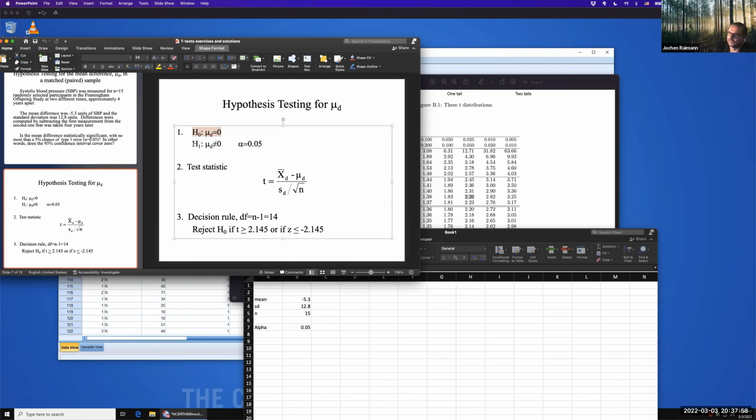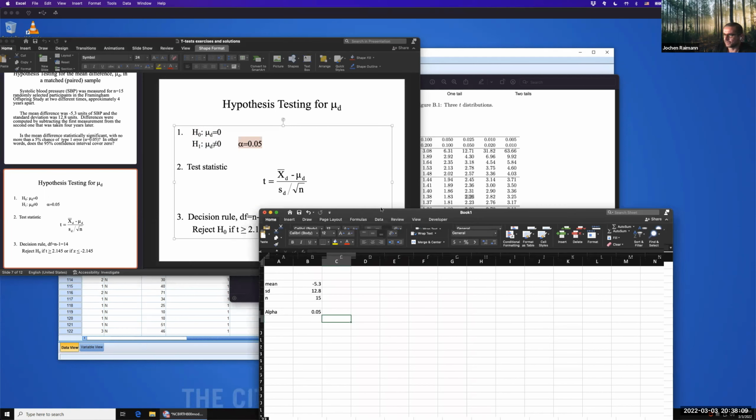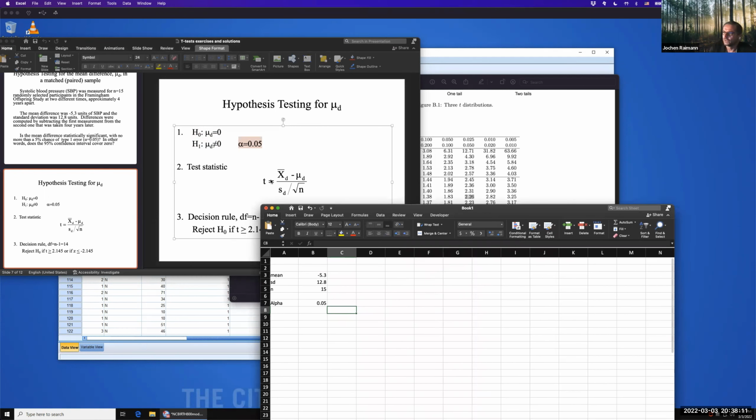Your alternative hypothesis is that there was a change that was greater than 0 at an alpha of 0.05. This time you subtract the mu, which in your case here is 0, from your mean difference.